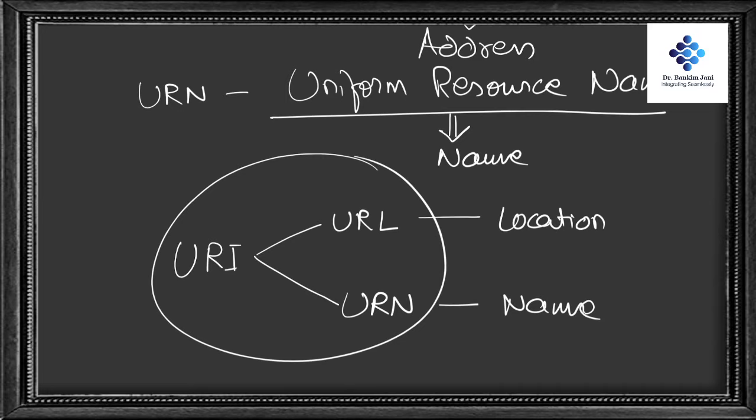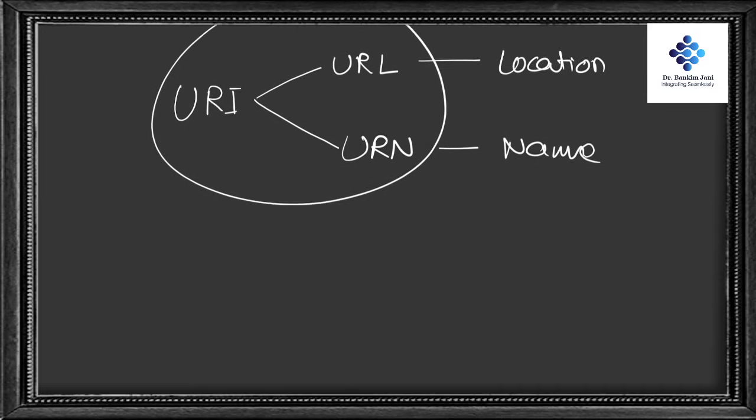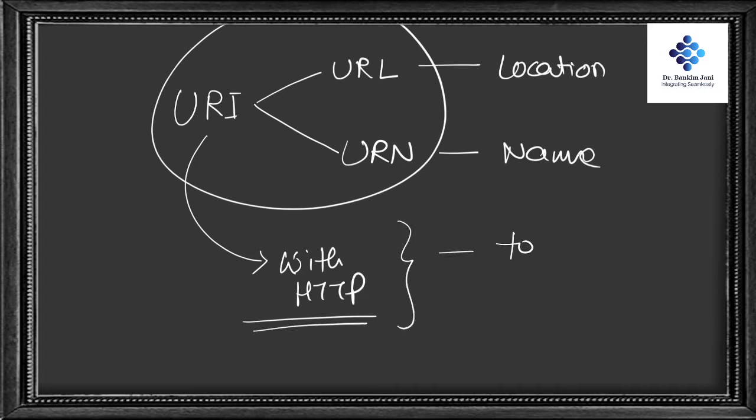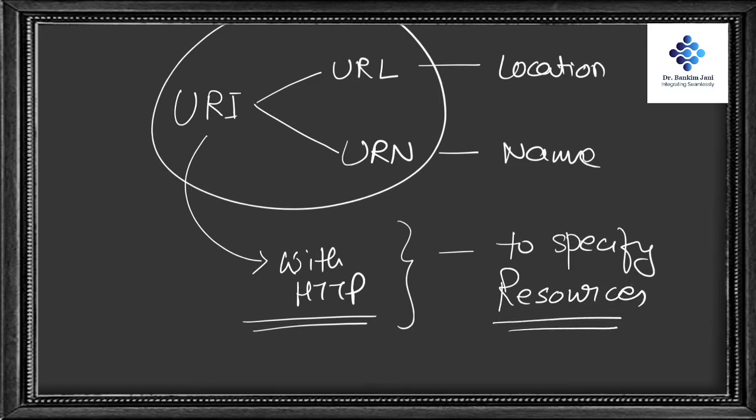And this URI, when we are using it with HTTP, is what is used to specify resources. Whenever those APIs were communicating, they were giving very unique URIs for every variable so that they can easily be searched.